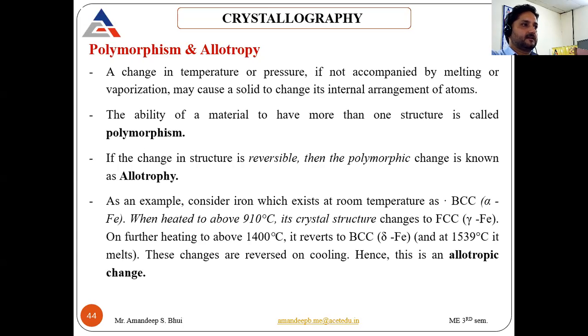Suppose we have a metal and we start heating that metal. With the increase in temperature, at a certain stage the internal atomic structure starts to change. Say it is normally a BCC structure, and at a certain temperature it changes to an FCC structure. Again at a certain higher temperature it changes to a BCC structure.